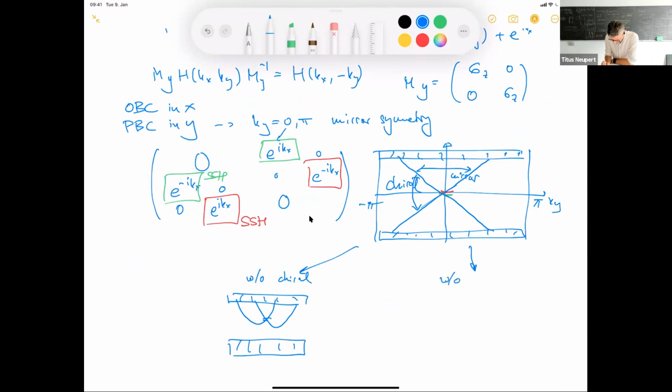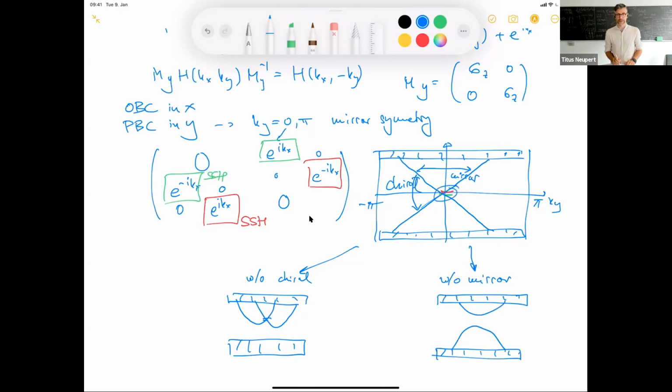And without mirror, there is no protection of this double degeneracy at ky equal to 0. So in principle, I could have written a spectrum like this that's still chirally symmetric, but not mirror symmetric; this mirror protected crossing is not there. Notice again the red and the green state have different mirror eigenvalue.